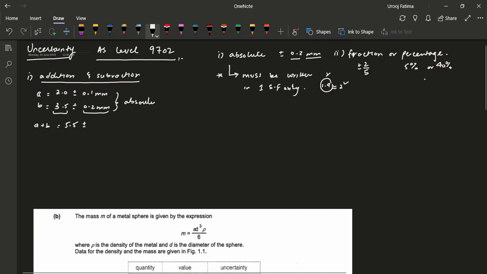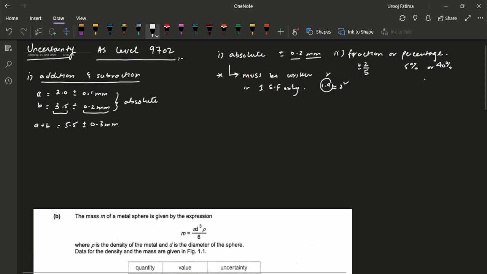I just made a mistake here, let me correct it. You just need to remember that when it's given in absolute, you can directly add or subtract them in a case where it is only addition or subtraction. So when you add, it's going to be 0.3 mm, and that's your answer.